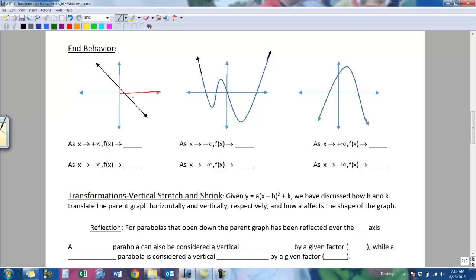Well, as we go across here, the graph is going down. So what is f of x? Another name for that is y. What is y approaching? In this case, it's approaching negative infinity. As we go to the right, this is going down. Now let's go to the next one. As x approaches negative infinity, we start at the origin and we go towards negative infinity.